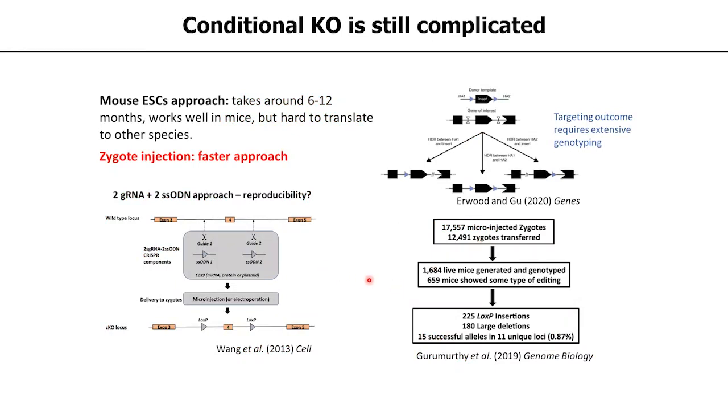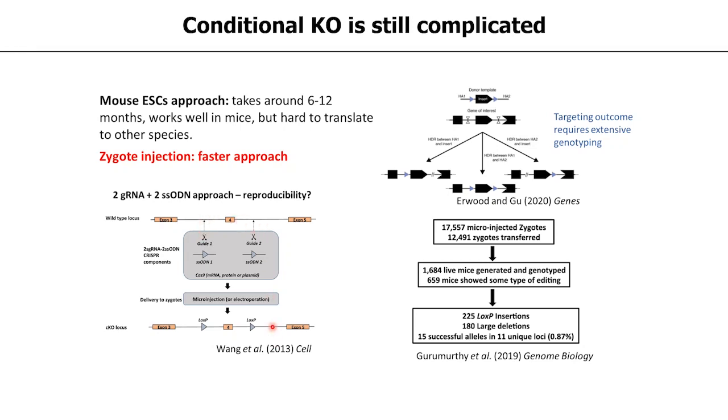Even after the CRISPR revolution, people now say that the conditional knockout is still not really solved. Initially, right after the first wave of CRISPR-Cas technology, Wang et al. reported in Cell that we can insert two loxP sites with a simple CRISPR by introducing two guides on each side of an exon.